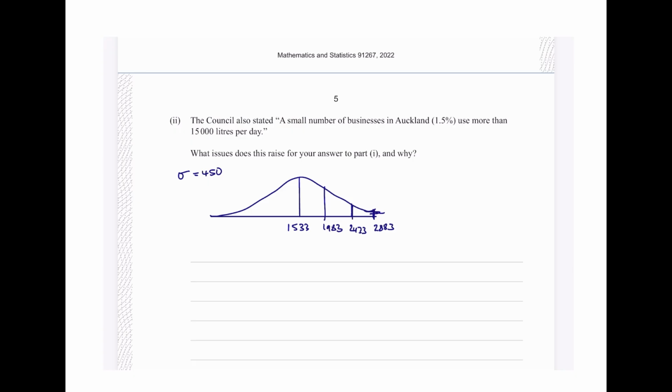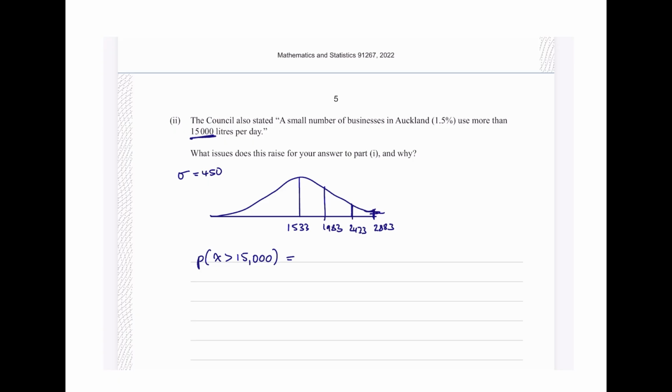But they're telling us that 1.5% are using 15,000, right? So, just for example, let's actually calculate the probability that X is greater than 15,000. If we put that into a calculator, we should get a probability that's very, very small.